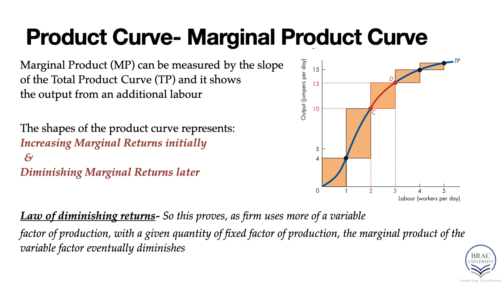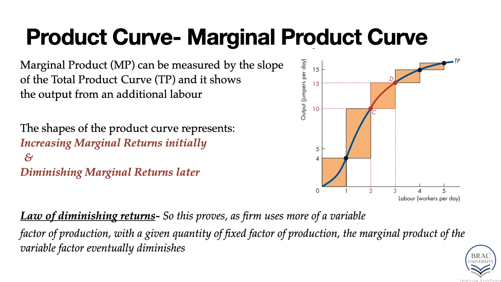So for example, in our case, the first worker was just making 4 jumpers, right? And think of it like this. This one worker has to learn all the production process of producing a jumper. Like, the worker has to know how to run the kneading machine, has to know how to do the dyeing or the coloring process, and then do the packaging by himself.